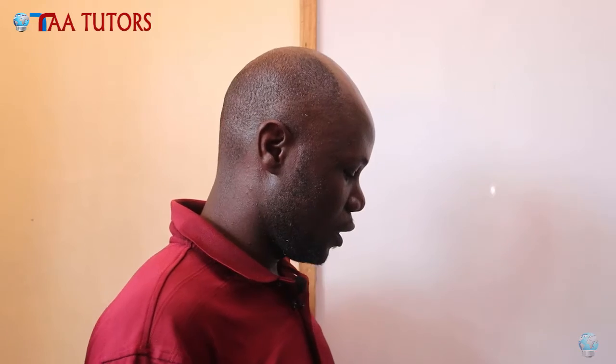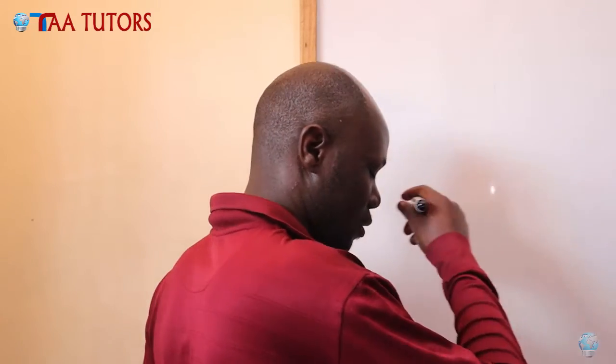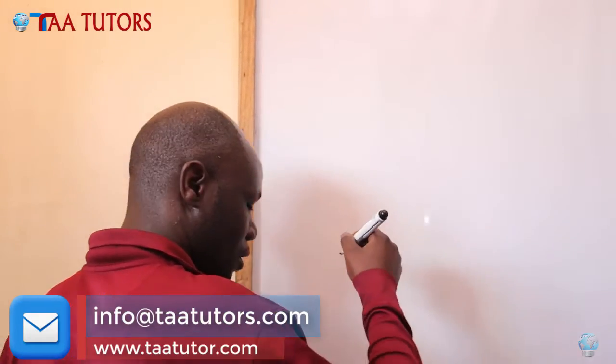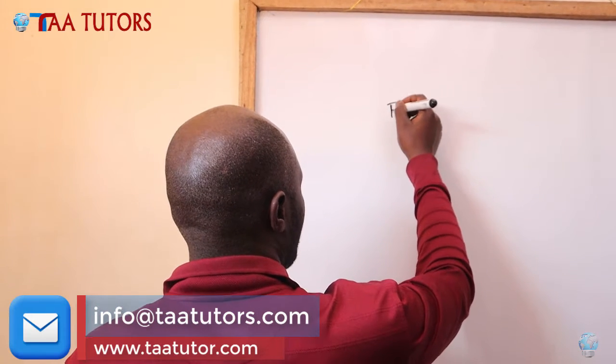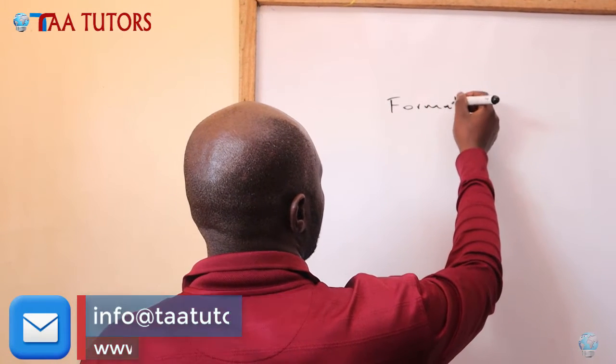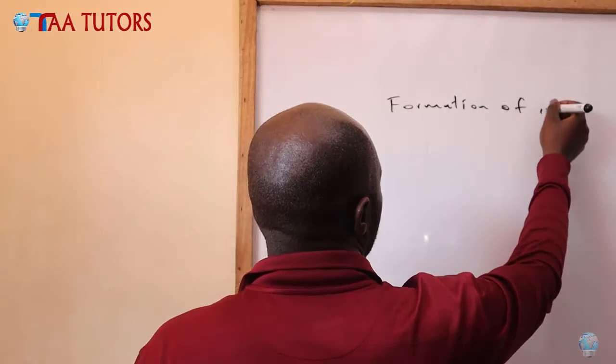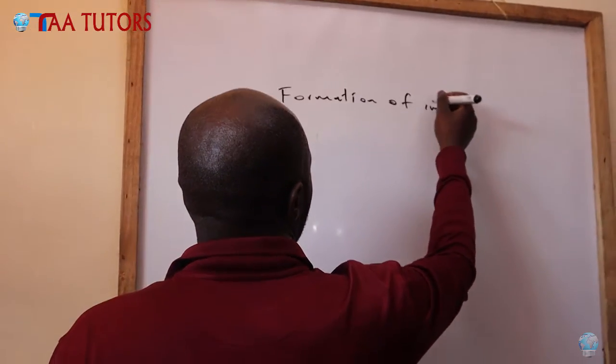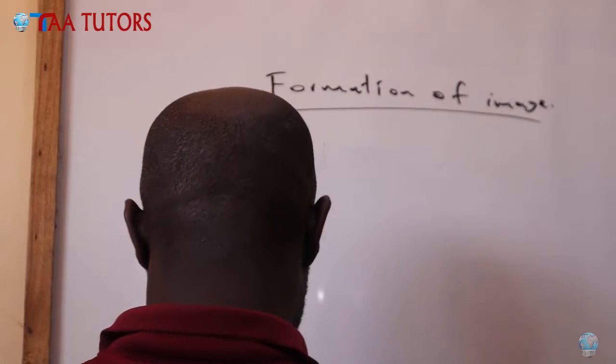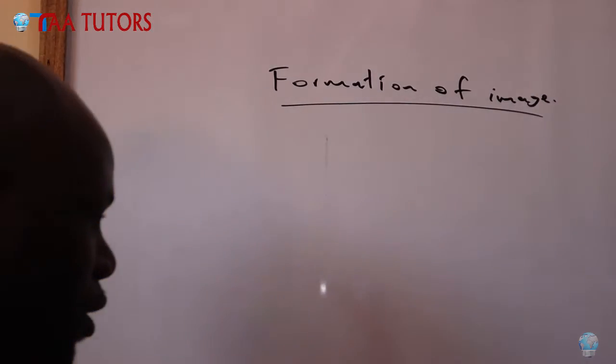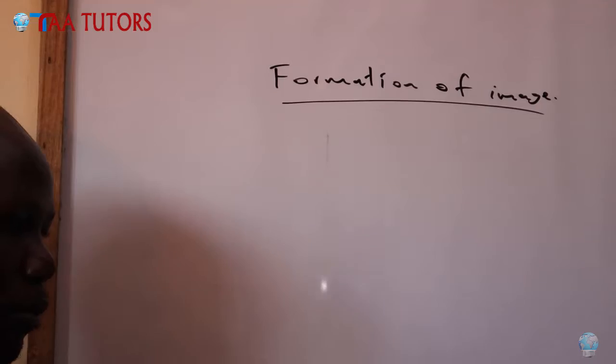So the eye is a very specialized organ for us that is really modified to help us achieve the actual function of vision. Now, the last time we were here, we were seeing how an image can be formed in the eye. So we were talking about formation of image. Now, this image is what will be helping us to actually visualize what we are supposed to see, what we are supposed to be looking at.